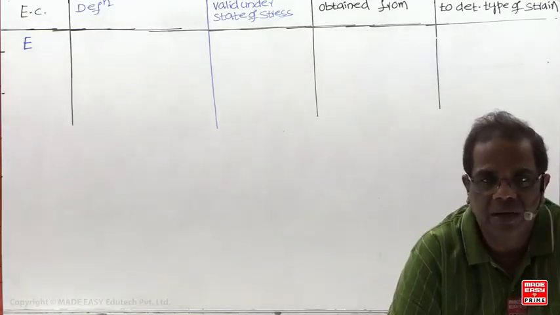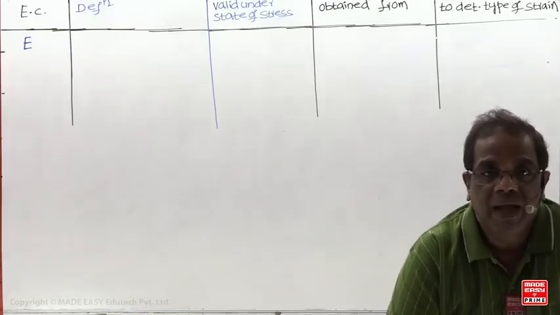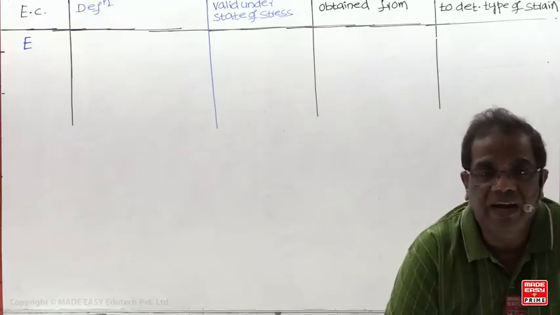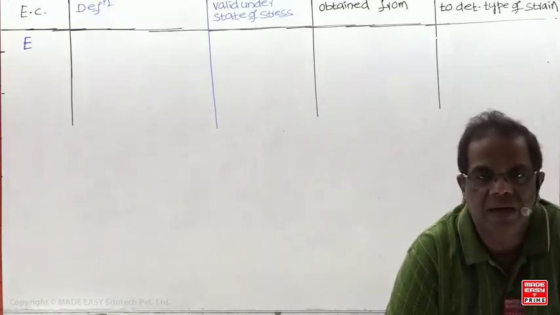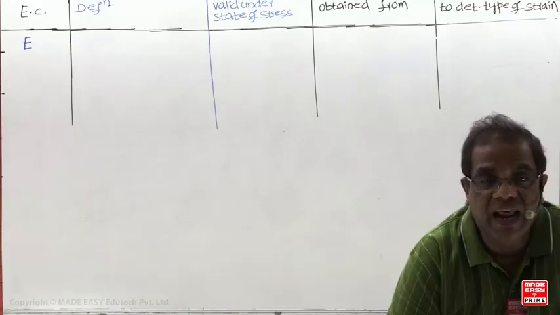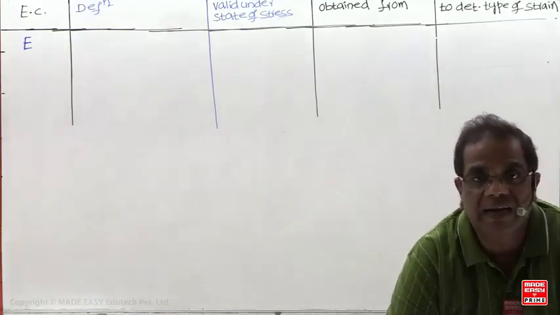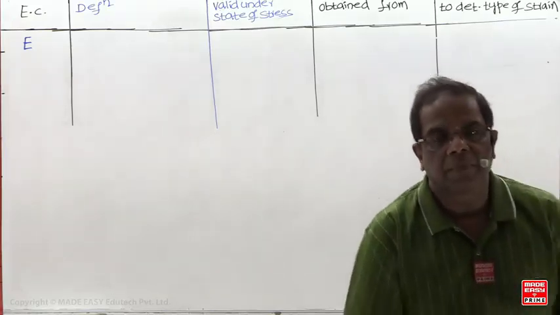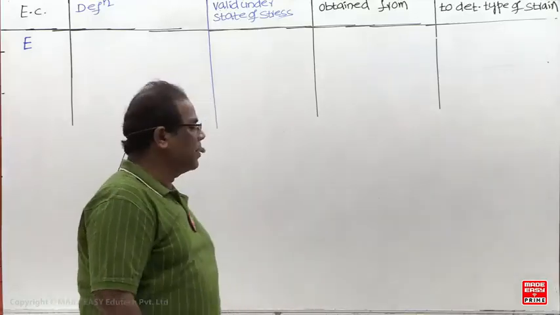So I am once again defining the orthotropic material. A material is said to be orthotropic when it exhibits different elastic properties in orthogonal directions at a given point. Make the correction: change anisotropic to orthotropic.